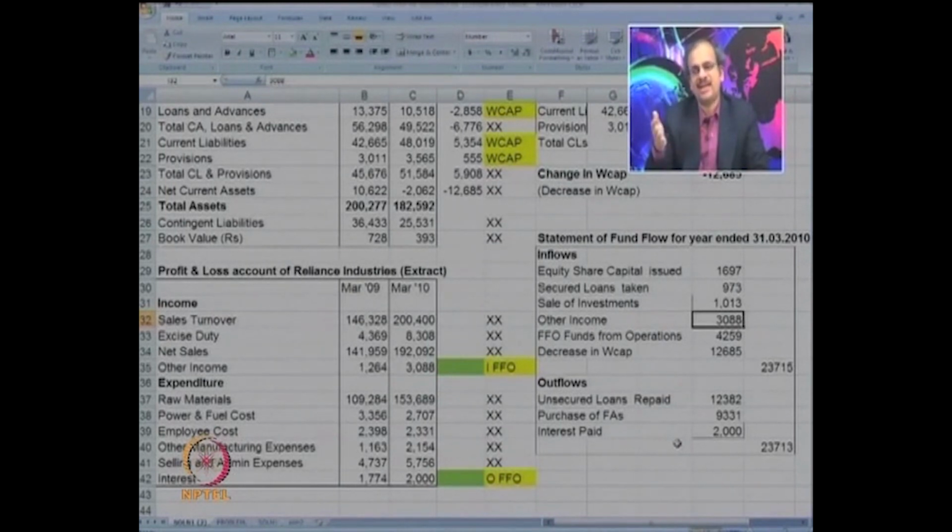We are going to look at the ratios today, but I am just explaining what will be the impact of this repayment of 12,000 on the financial position of the company.